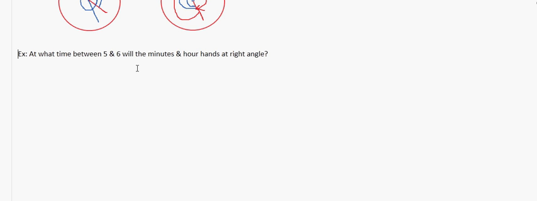Between 5 and 6, our frame is 5 hours, right? At 0500 hours, what is the angle between the hour and the minute hand? It would be 150 degrees, right? So 150 degrees at 0500 hours.